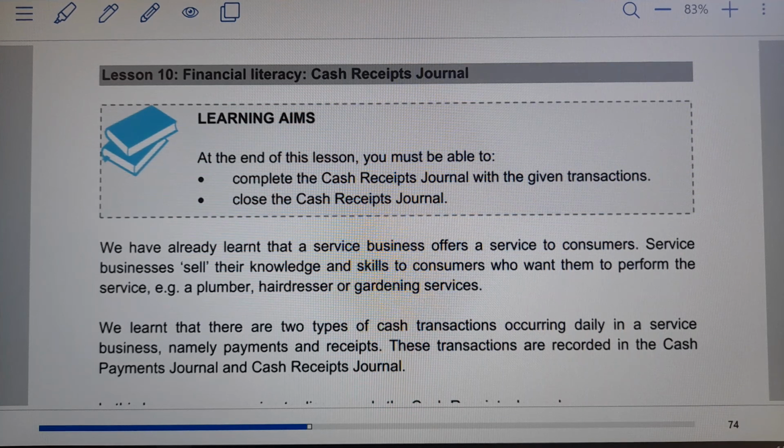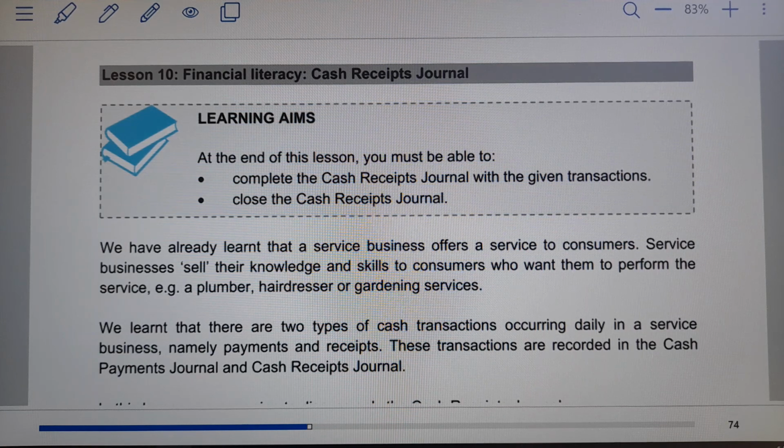And lesson number 9 was the accounting equation, with assets equals owner's equity plus liabilities. And we've looked at two different ways we can use to complete the effect of the cash transactions on the accounting cycle. Okay, so today we are looking at the cash receipt journal.